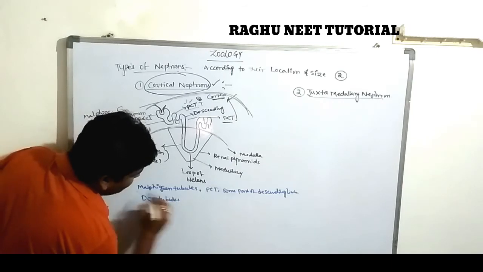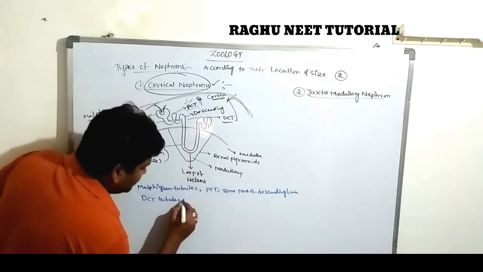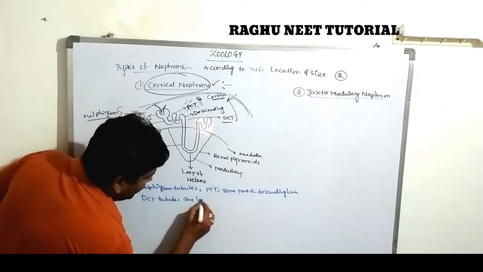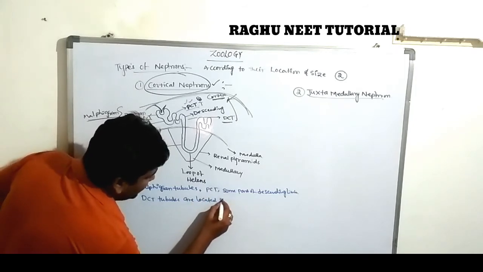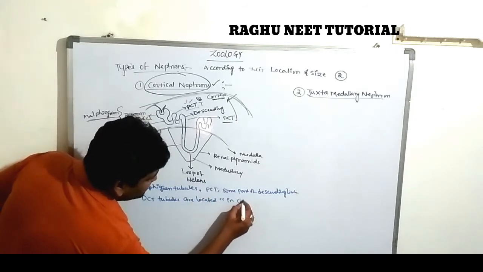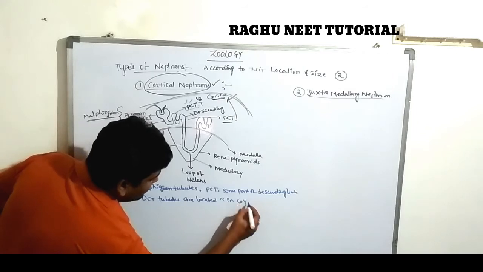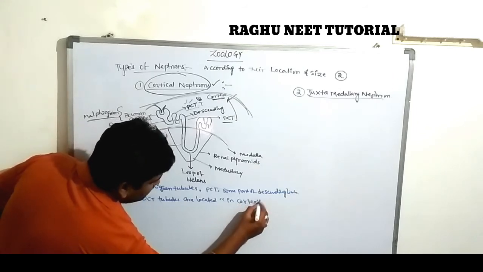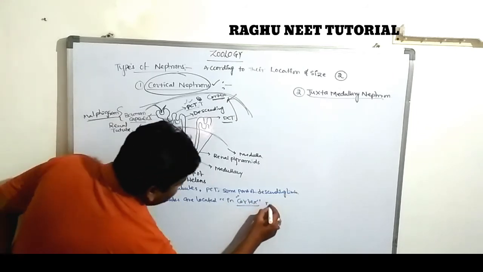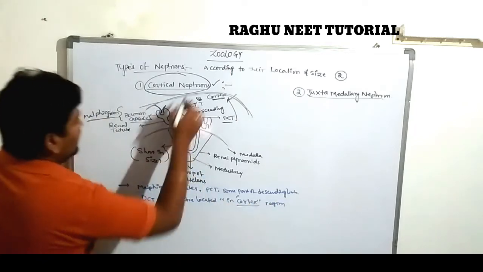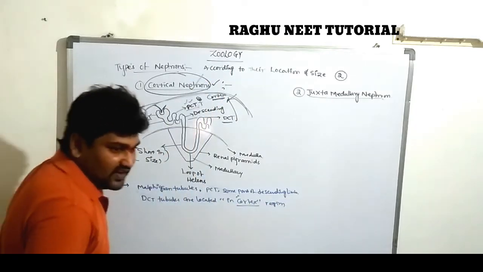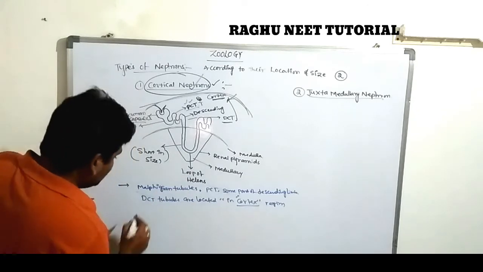These parts are located in which region? Located in the cortex region. So this type of nephron is called a cortical nephron.